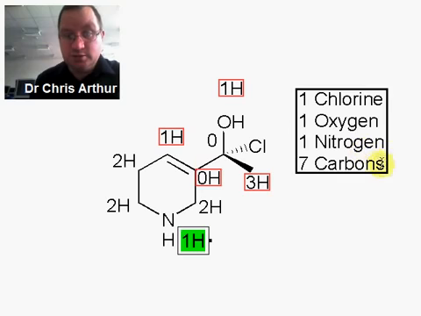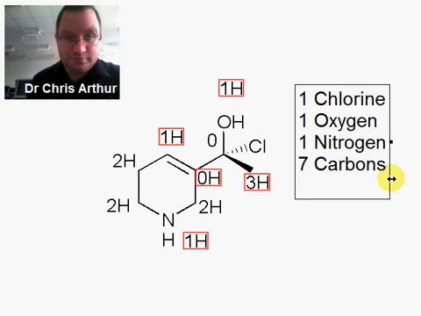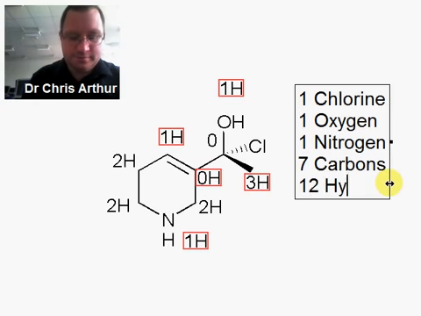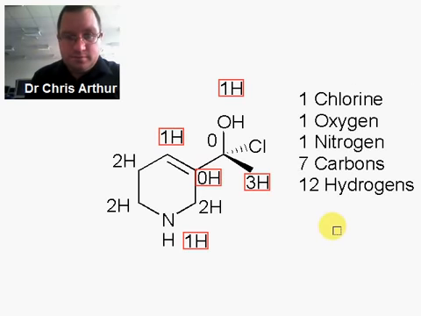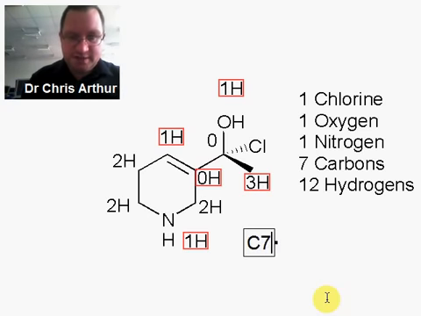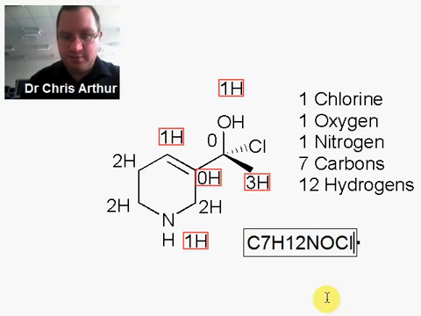All we need to do now is add these up. So we have 1, 4, 5, 7, 8, 10, 12 hydrogens. So we're just going to write out its molecular formula, and we have C7H12NOCl.